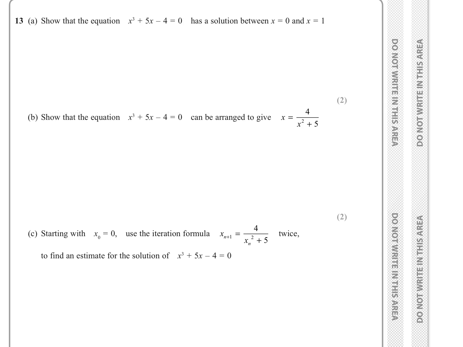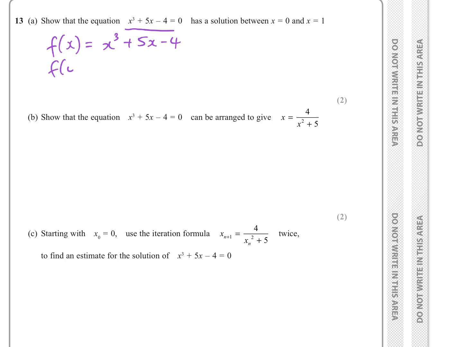Question 13. Show that the equation x cubed plus 5x minus 4 equals 0 has a solution between x is 0 and x is 1. Well, we can write it as f of x is x cubed plus 5x minus 4.